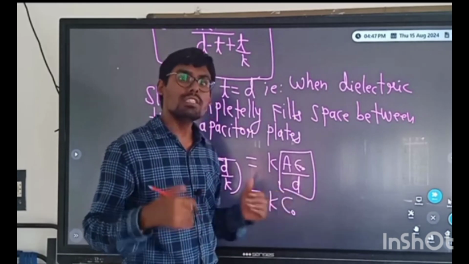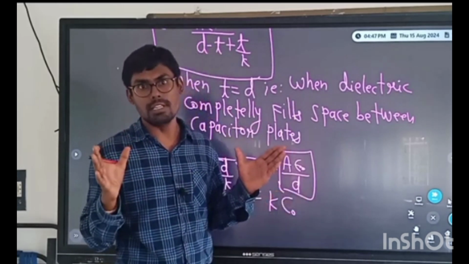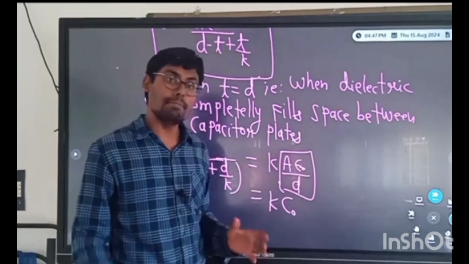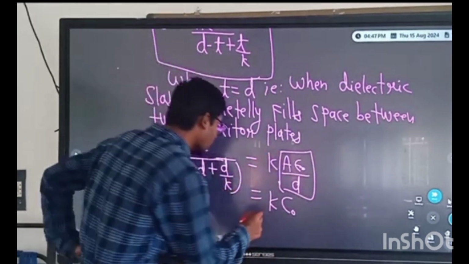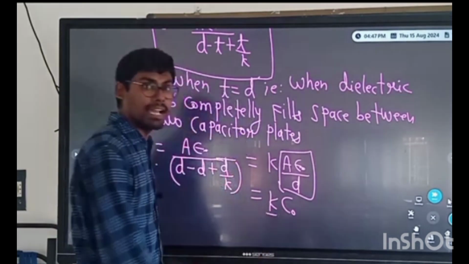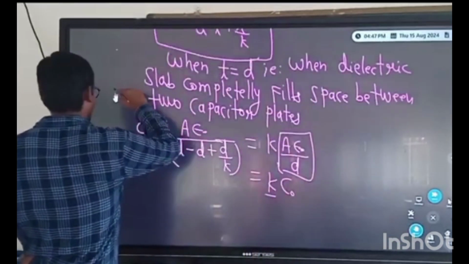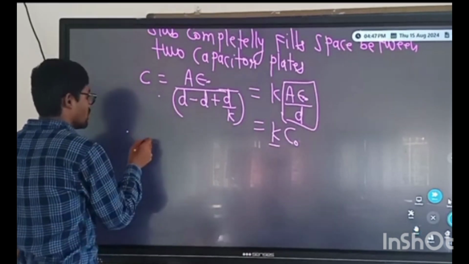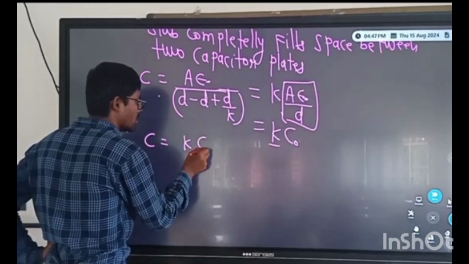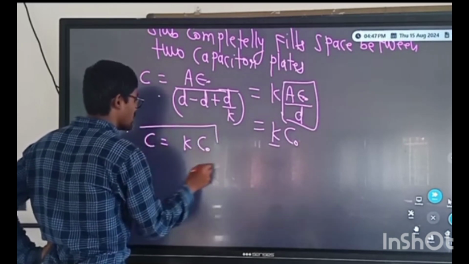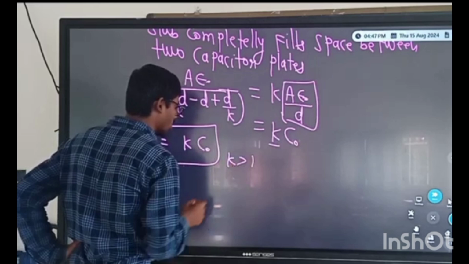When we insert a dielectric slab which completely fills the space between the two capacitor plates, the capacitance will increase by K times. So C is equal to K C naught, where K is greater than 1.